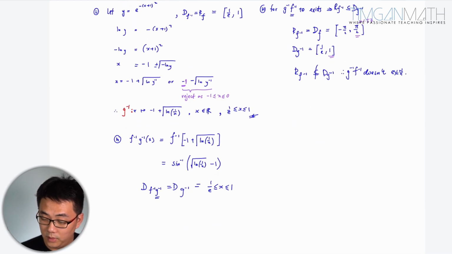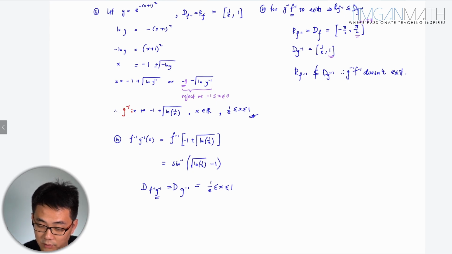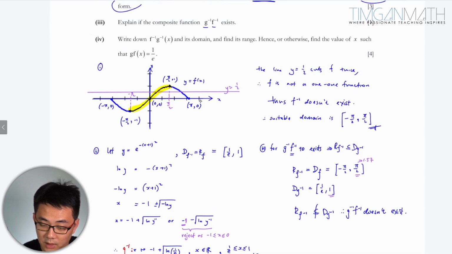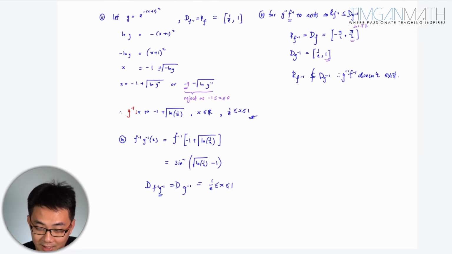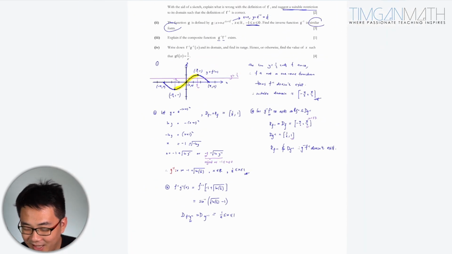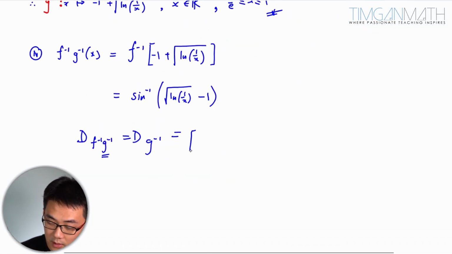What we need to find is the range of G inverse to put in the domain of F inverse. Oh, it's a bit tricky. Let me think how to explain this part.